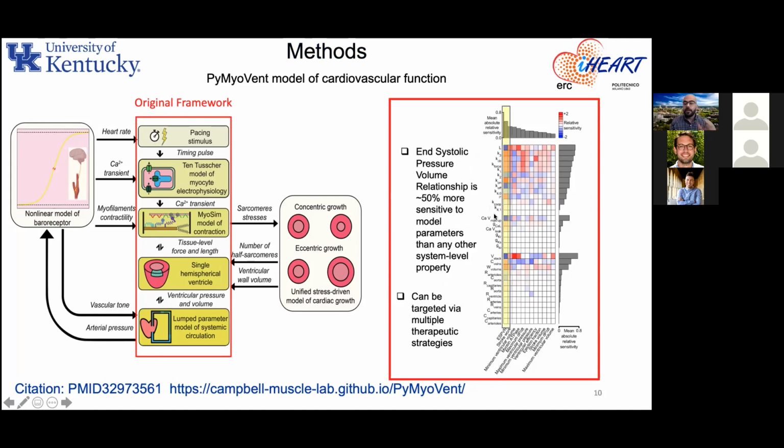In the first paper, it was concluded that the end-systolic pressure volume relationship, or ESPVR, is 50% more sensitive to model parameters than any other parameters. So it was concluded that it can be targeted via multiple therapeutic strategies.